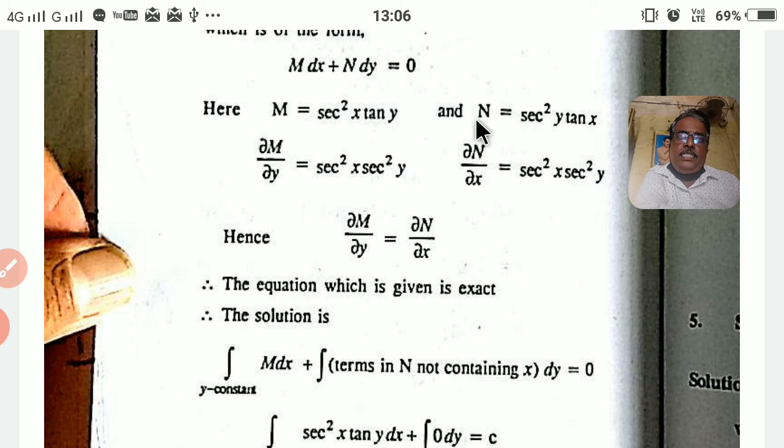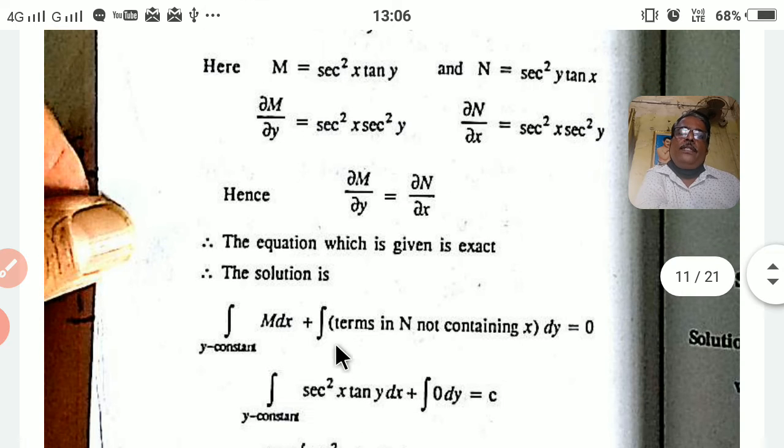So integrate M keeping y as constant, and then integrate only the term of N which does not contain x.